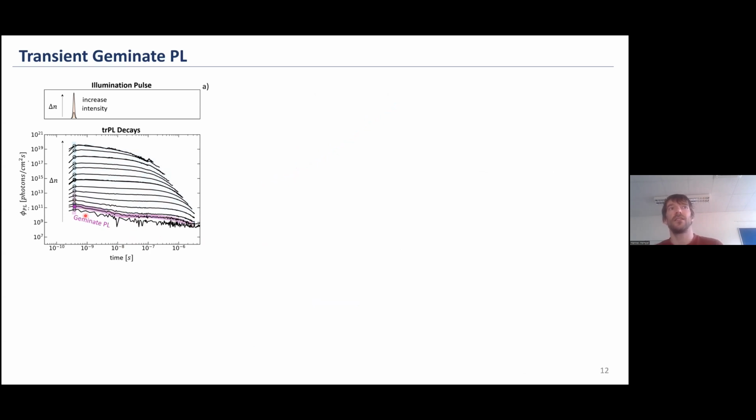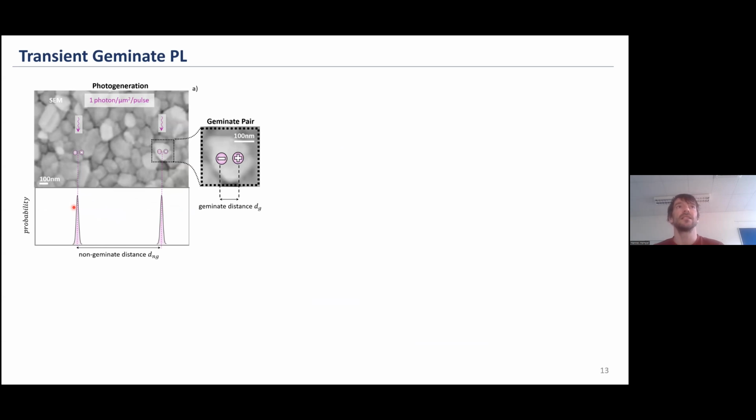Okay, so let's have a look at this geminate PL. So we take a transient measured at a very low photon flux to have a look at this geminate PL. And this photon flux is so low that we only have 1 photon per square micrometer per laser pulse. So I show you here an SEM picture of the sample, and I superimpose it with an illustration of this.